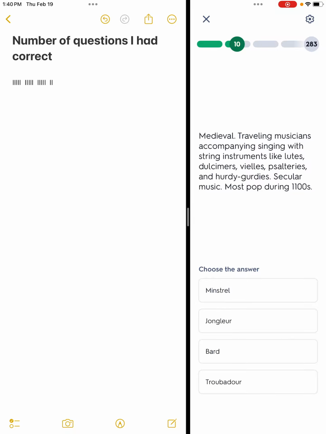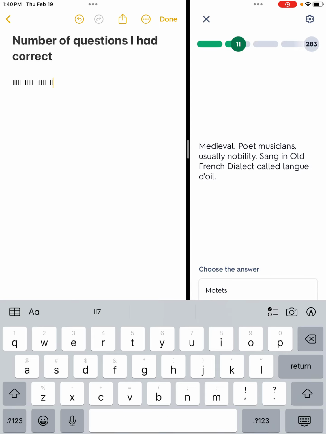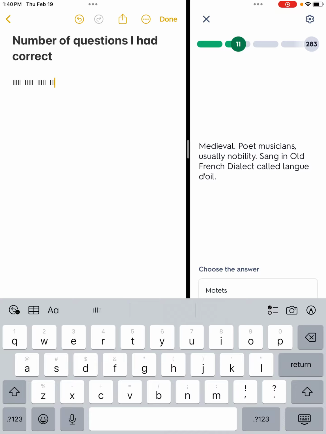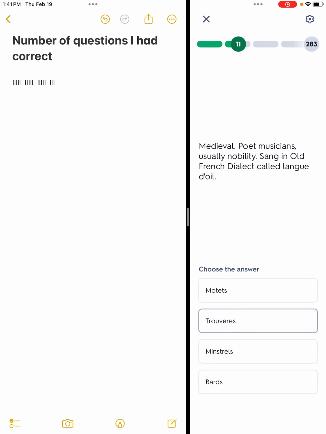Secular music, most popular during the 1100s. Troubadour. Medieval poet musicians, usually nobility, sang in Old French dialect called Langue d'oil. Oh, I think I know. Trouvères.